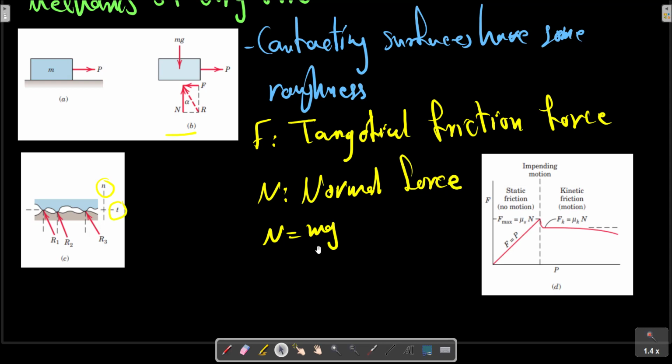When P is 0, equilibrium requires that there be no friction force. As P increases, the friction force must be equal and opposite to P as long as the block does not slip.